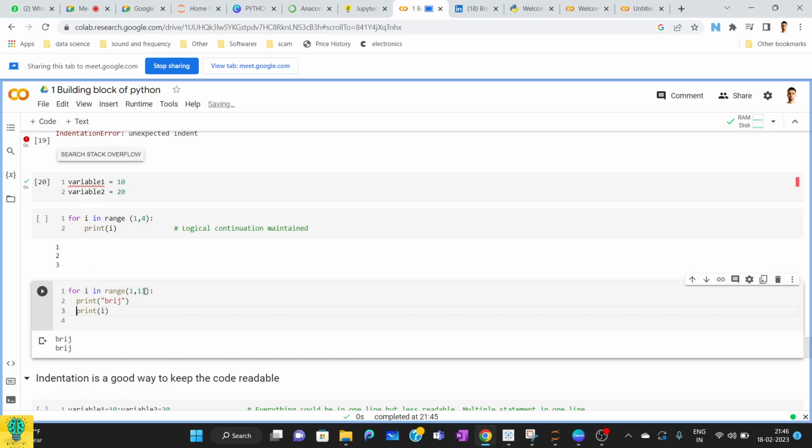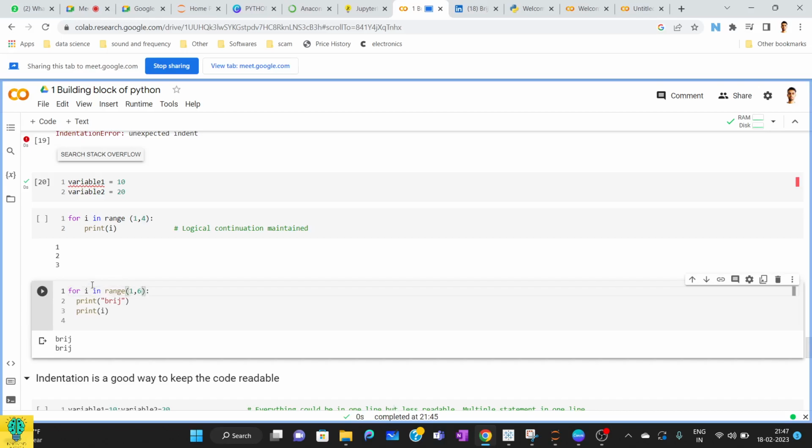Let's not keep it 10, let's keep it 5 times, because I'm just going to give you the output. So it is going to come here. I will get the first value from range, that is 1, and it is going to print one time the text and the value of I. Then it goes back to this for loop. Now I is changed to the next value.